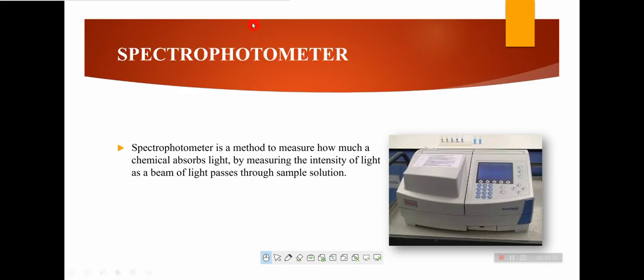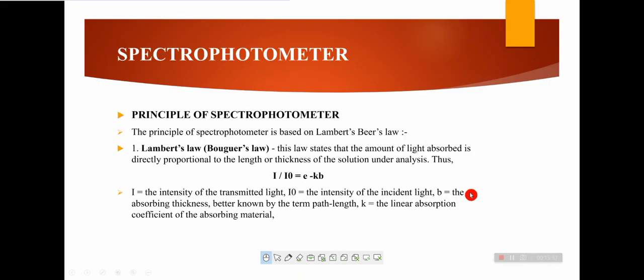Photo means light, meter means measure, and spectrum means spectrum. So it measures the spectrum of light. The intensity of light is measured as the beam of light passes through the sample solution. So whatever light is absorbed by that solution is measured by this instrument.